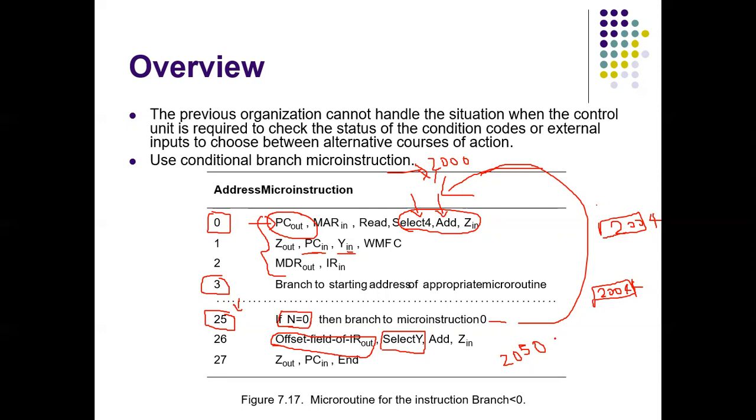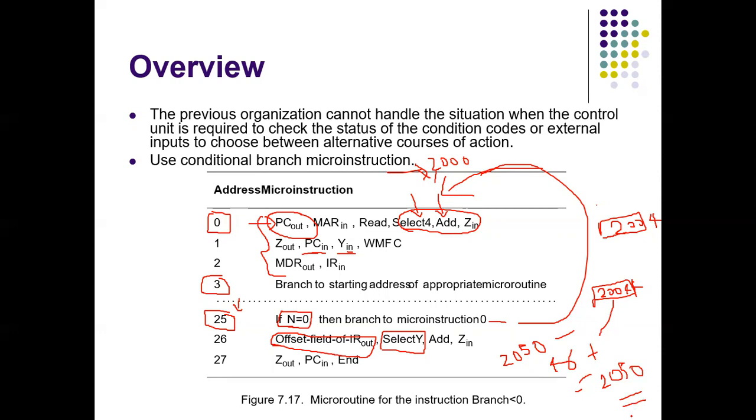PC content is 2004, so the difference, 2050 minus 2004, is 46. That 46 you add again with PC, and you get 2050. So this 2050 is nothing but the target address.